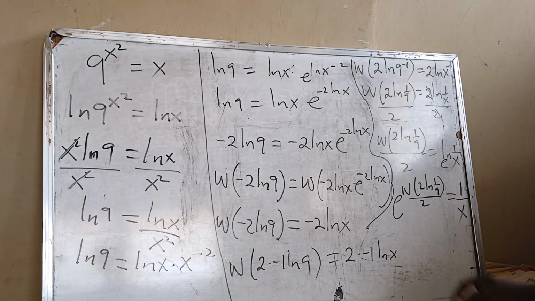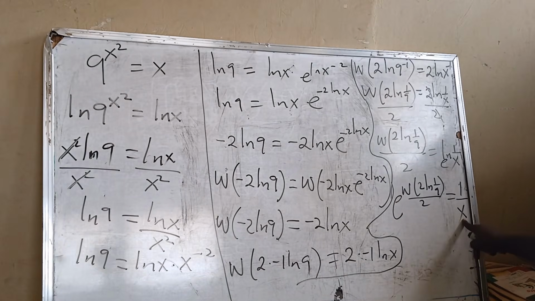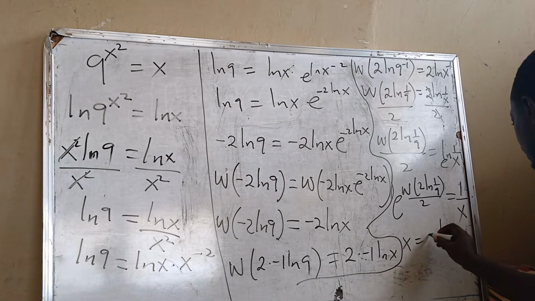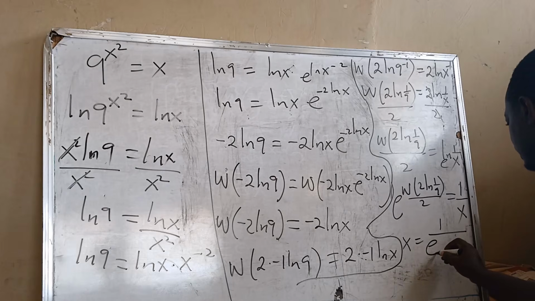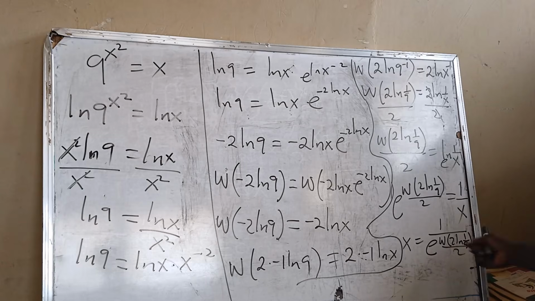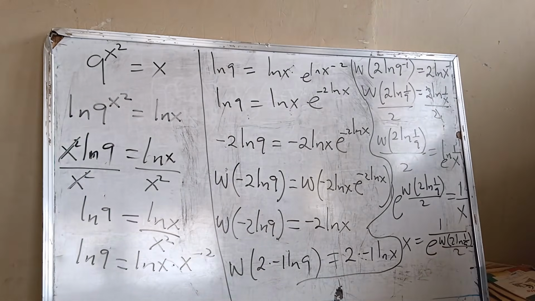As simple as that. So from here, to solve for x, I can interchange this. My x is simply 1 over e raised to the W function of 2 ln of 1 over 9 on 2 as the answer. So the best solution is what we have on the board. So that's that.